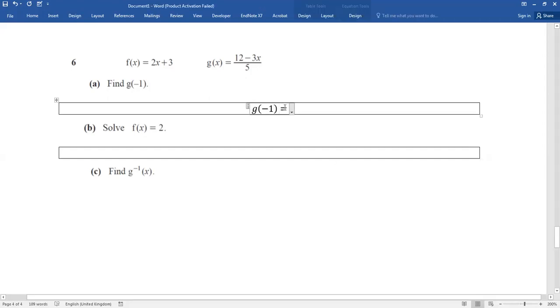Yes, children. What is g of -1? 3. 3. Yes.